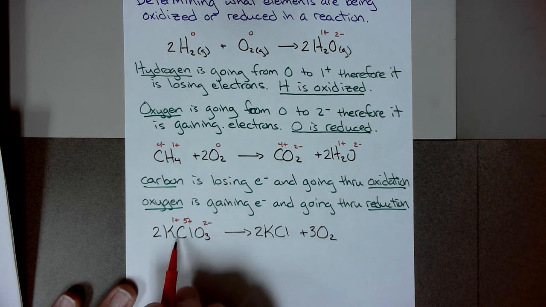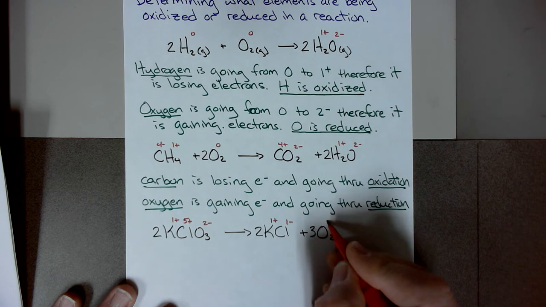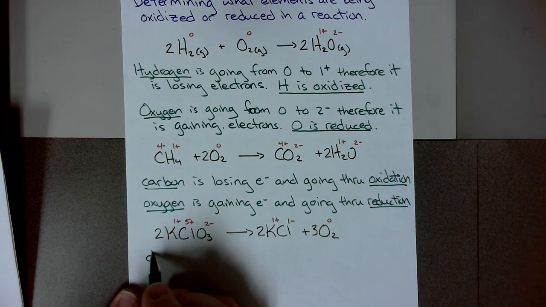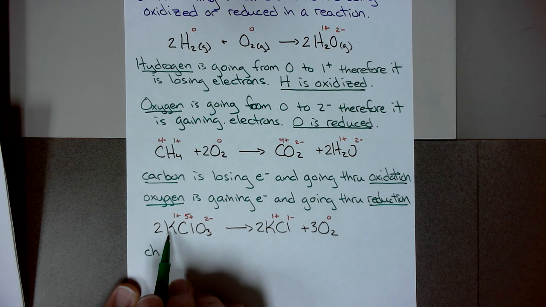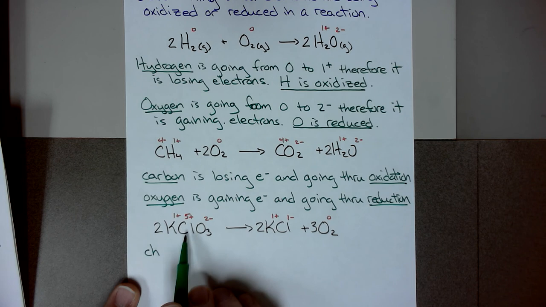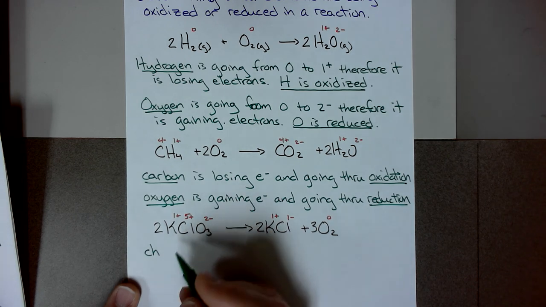And then over here we have a 1 plus and a 1 minus and a 0. Now let's look at potassium. Potassium is going from a 1 plus to 1 plus, so nothing's happening in potassium. Chlorine, though, is going from a 5 plus to a 1 minus, so it's actually gaining 6 electrons.